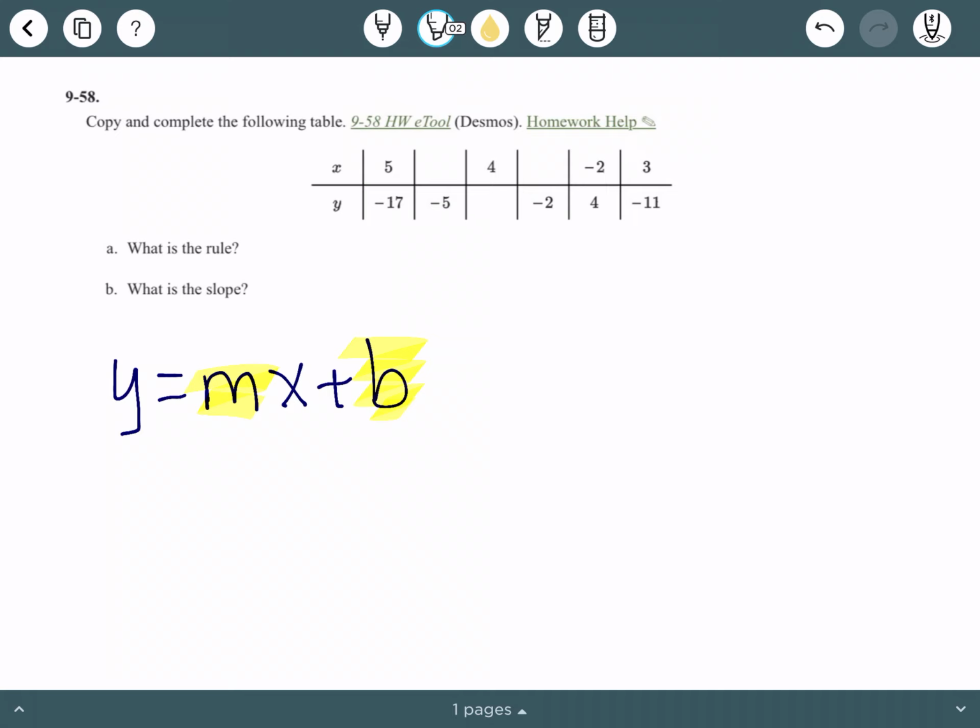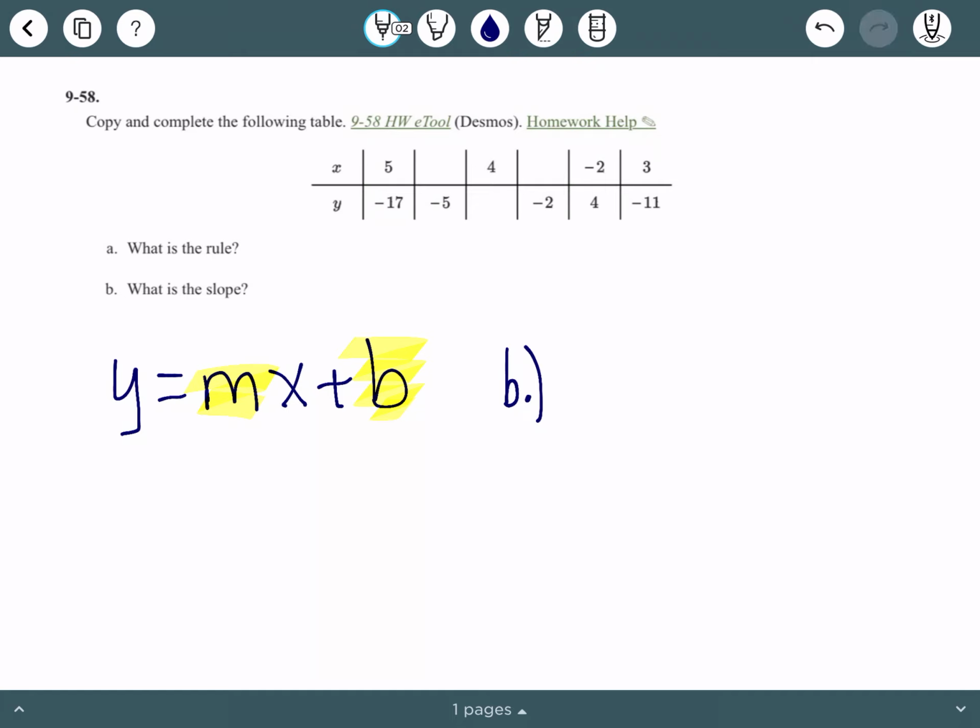So we know b is, when we have an input of 0, that's what y is, but we don't have a 0 in our table yet. And we also don't know the slope yet. So I really think it's going to be easier to answer question B first and then determine our rule. So let's have a look at B to start off with.